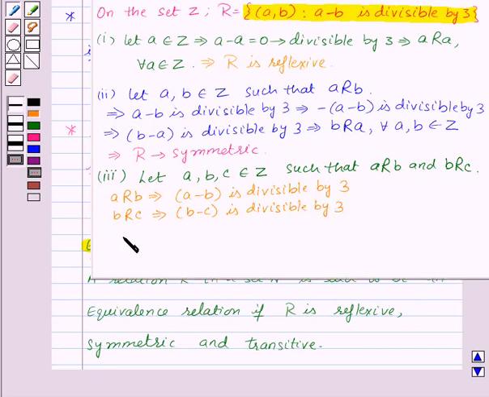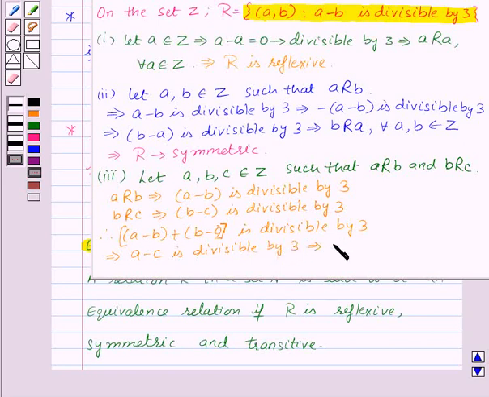Now we know that if two numbers are divisible by 3, then their sum will also be divisible by 3. Therefore, we get (A minus B) plus (B minus C) is divisible by 3. So, this implies A minus C is divisible by 3.